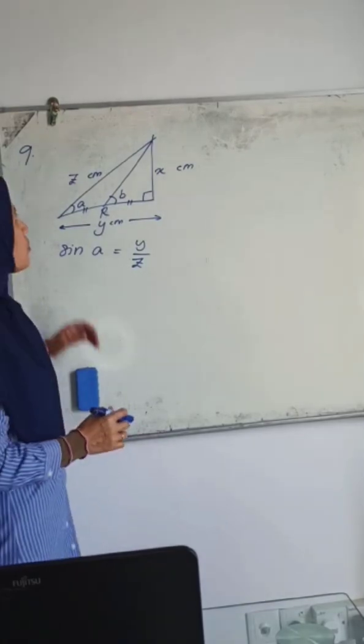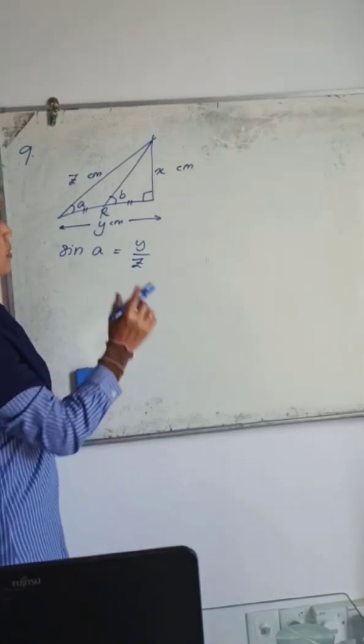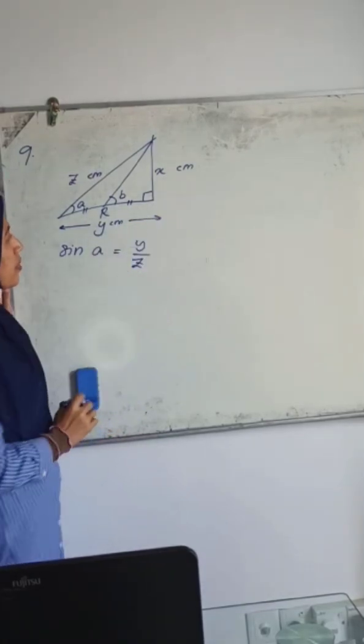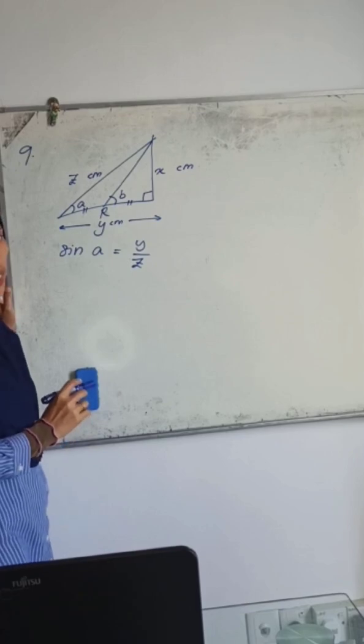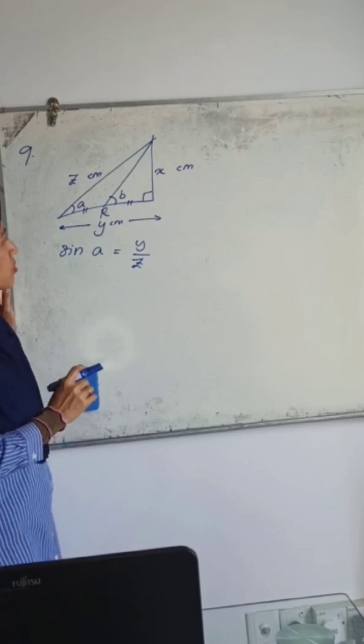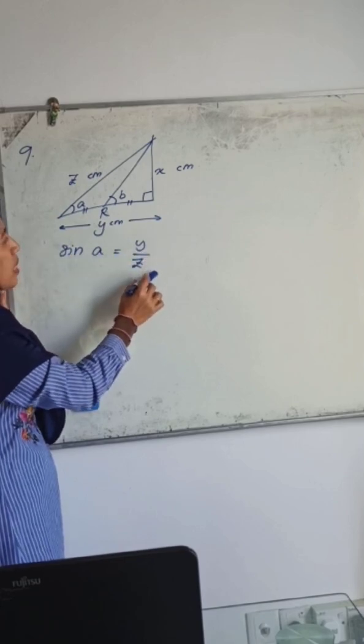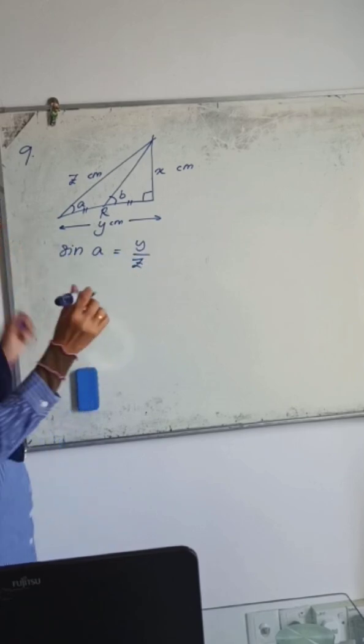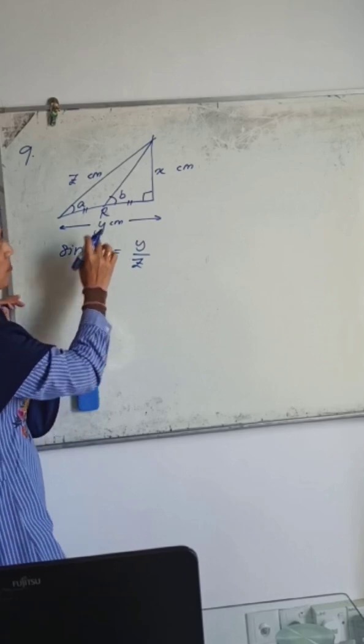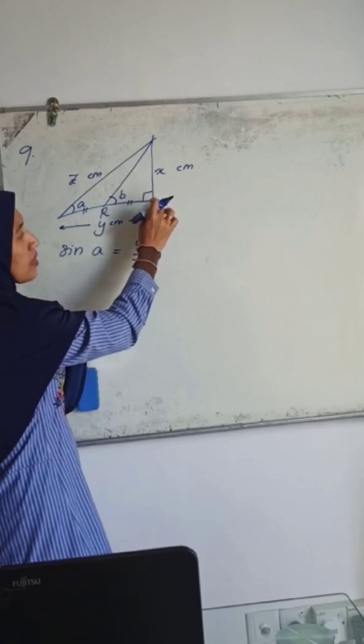Okay, we go to number 9. Given this diagram, the question asks true or false. So sine A is equal to y per z. We can find sine A by looking at this diagram.